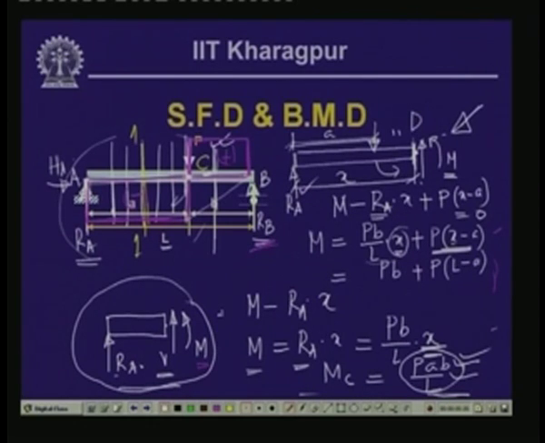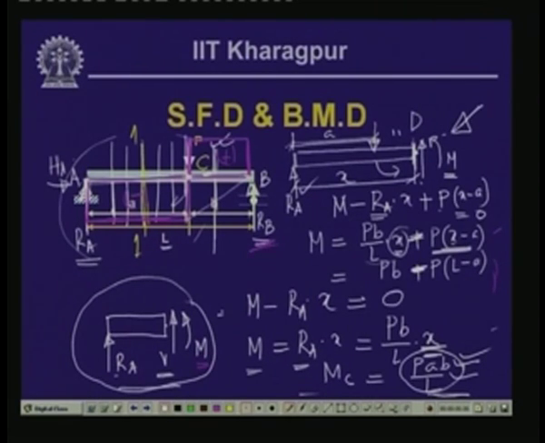So the value of the bending moment which we are getting at this particular point is the bending moment which is M minus R A into x, plus, again in the same direction, P into x minus a. So this is going to be minus P b by L into x minus P into x minus A. So this is minus, and L minus A is nothing but B.